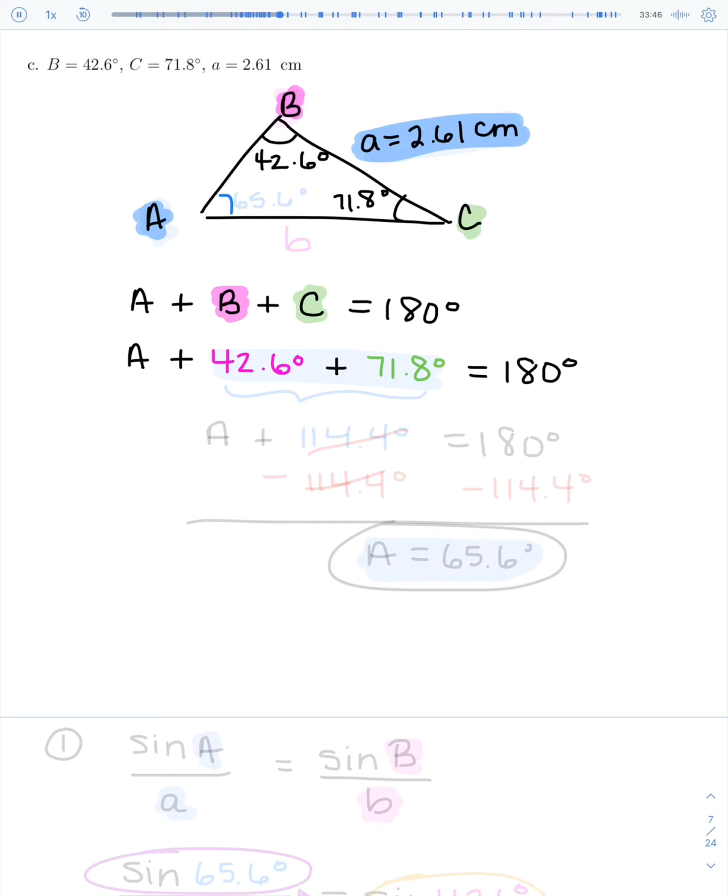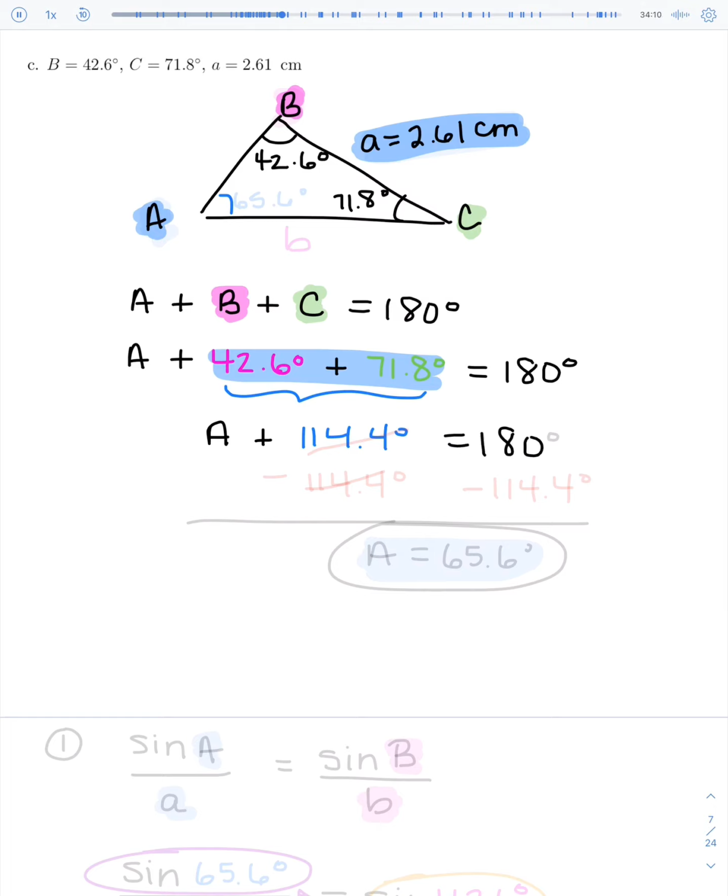So the first thing that we want to do is go ahead and add up the angles that we have, combine like terms. And we'll have that angle A plus, well, the 42.6 added to the 71.8 is a total of 114.4 degrees. And together, again, everything should be adding up to 180.